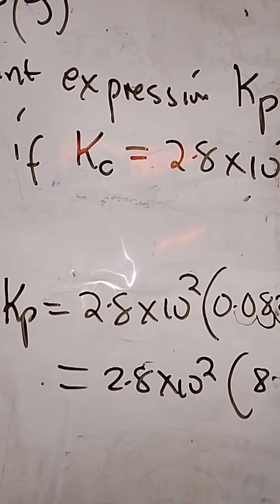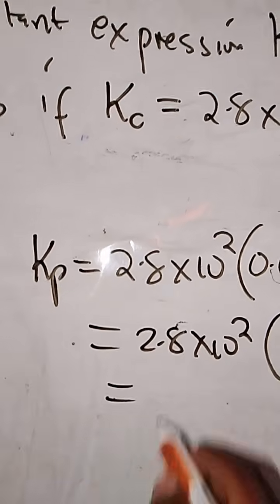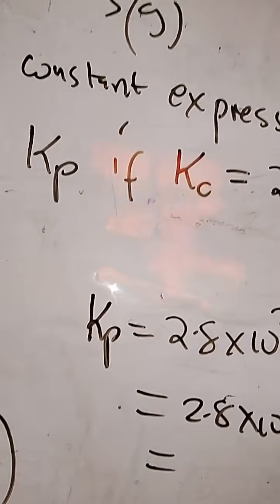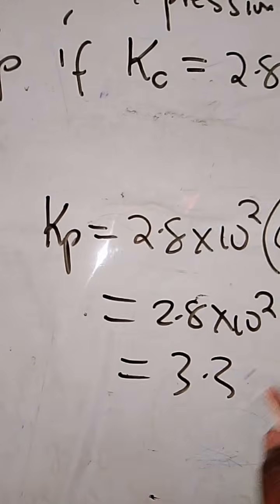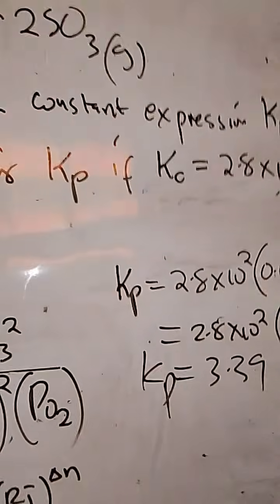So 82.06 to the power negative 1. Then you multiply, and you are going to get 3.39. That is our Kp. So that is how we can calculate Kp.